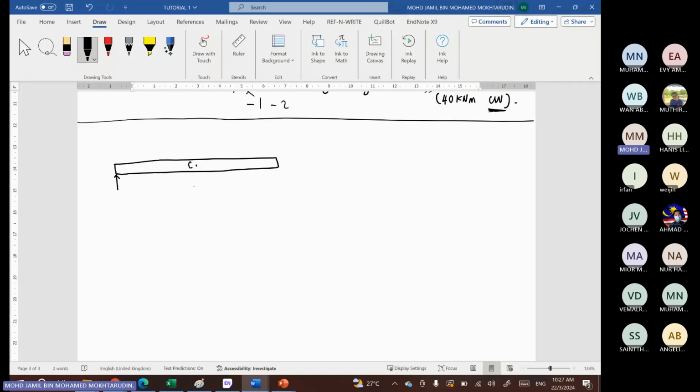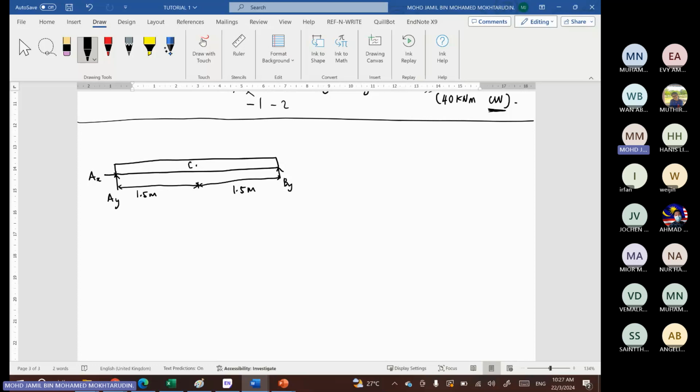So here at point A you have Ay and Ax, and at point B you have By, and they are 1.5 meter from point C. And then we have two distributed loads on the beam.